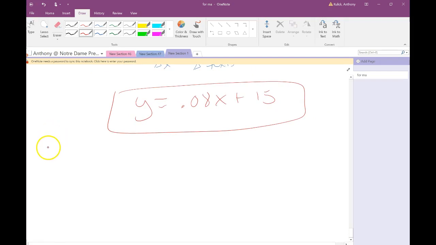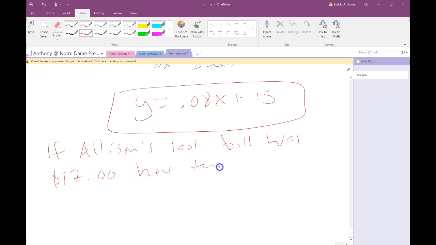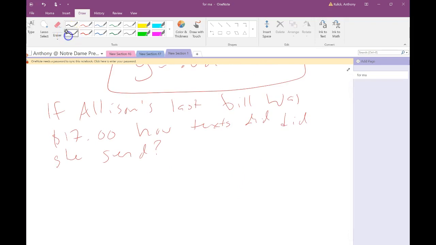Now that we've written that, I could ask questions that might require using this, such as, if Allison's last bill was $17, how many texts did she send? So, what am I going to do with this information? The $17 is which value?